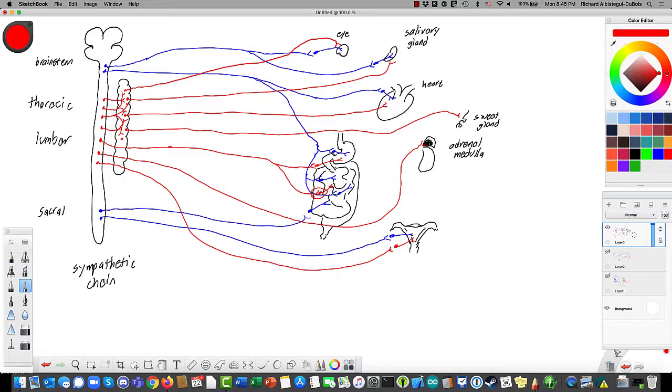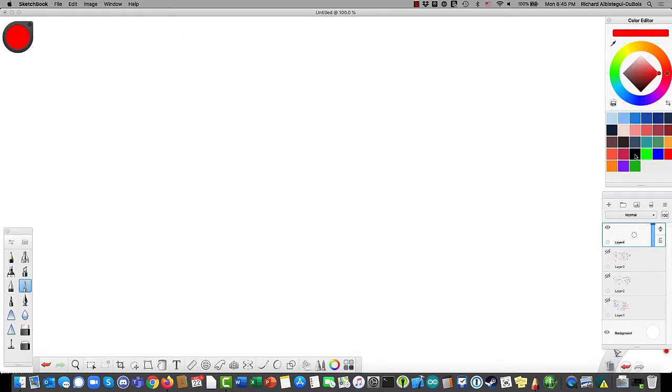All right, now, for our last thing, let's talk about the specific neurotransmitters and receptors used. So remember, parasympathetic pathways' postganglionic cell uses acetylcholine, and the target will have one of these muscarinic receptors.